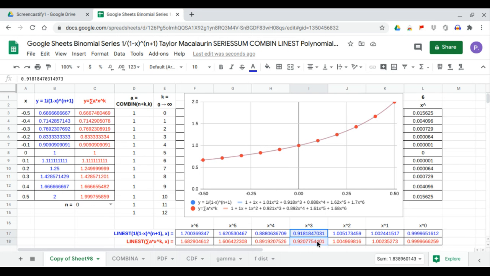And this is 0.918x cubed, 0.921x cubed, 0.88x to the fourth, and 0.891x to the fourth. This is 1.62x to the fifth and 1.61x to the fifth, 1.7x to the sixth, and 1.68x to the sixth.